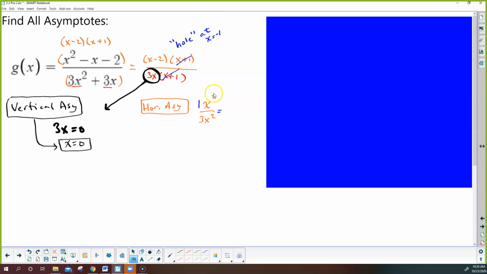When your degree on top is the same as the degree on bottom, don't those just reduce out? And what's left over? 1/3. So, because m is equal to n, we just look at the leading coefficients, which means there's a horizontal asymptote at y equals 1/3.